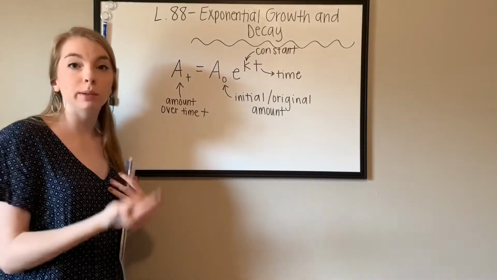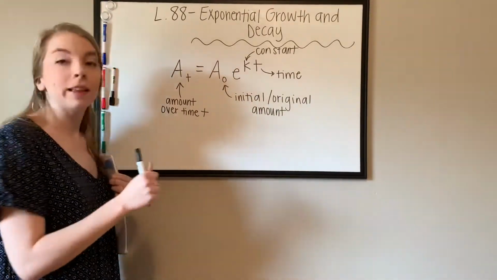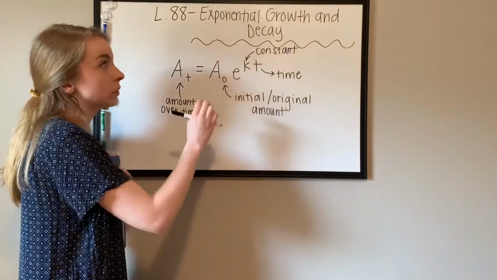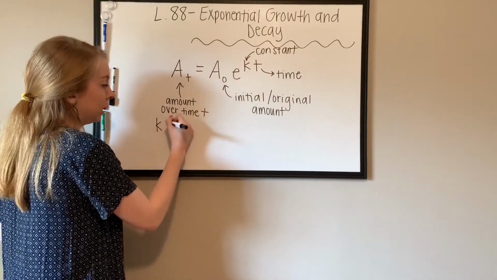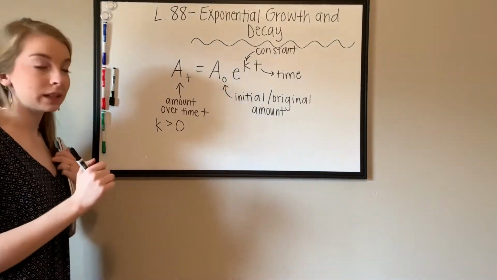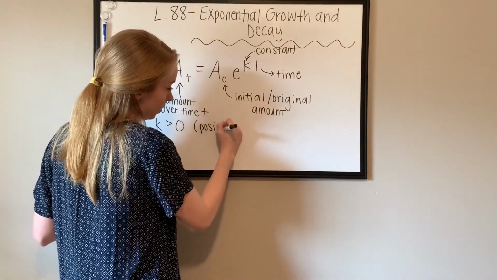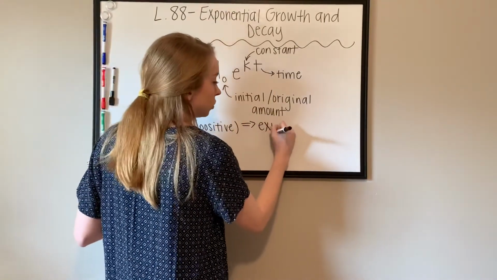These are going to be word problems. They'll give you some of the values. You have to figure out other values. One last bit of information before we start doing examples. K is what tells you whether it's growth or decay. If K is greater than 0, so if it's positive, then it's going to be exponential growth.